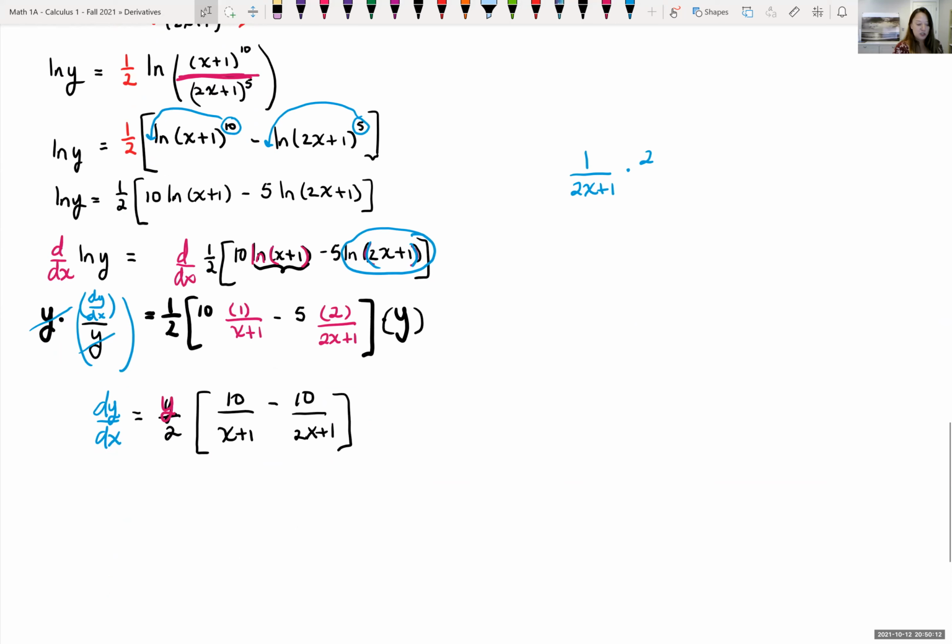Notice if we distribute our 1/2 here to each term in here, so 1/2 times 10 actually reduces down to a 5. So this would be 5 all over x plus 1. And if we distribute 1/2 over here to this minus 5 times 2 over 2x plus 1, well, the 2's would cancel. And so that would just leave us with minus 5 all over 2x plus 1.